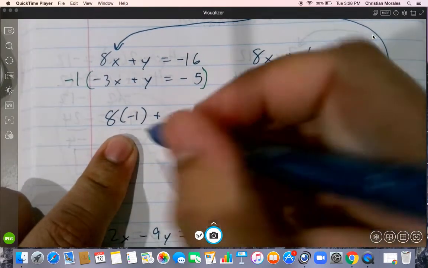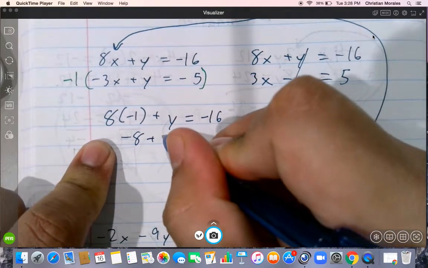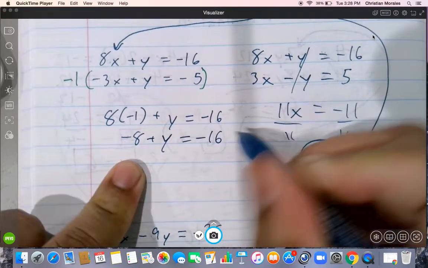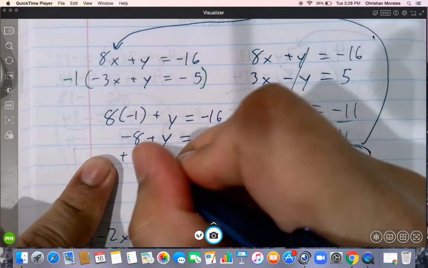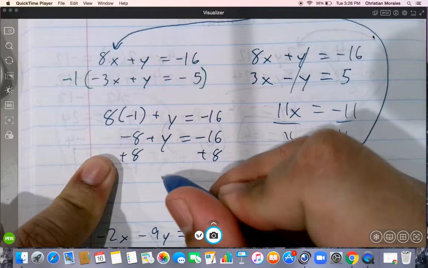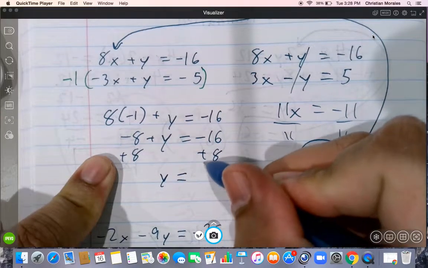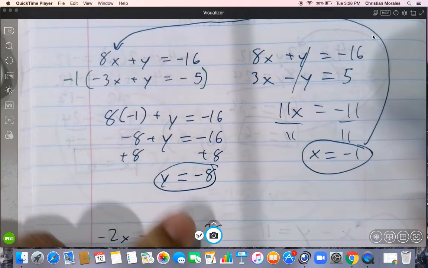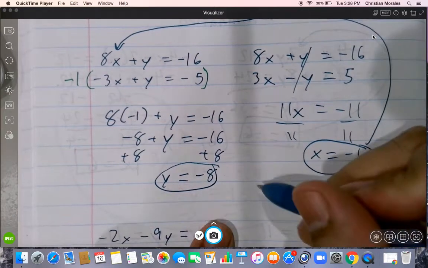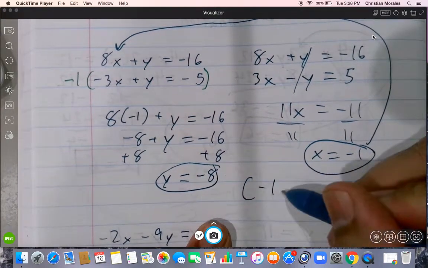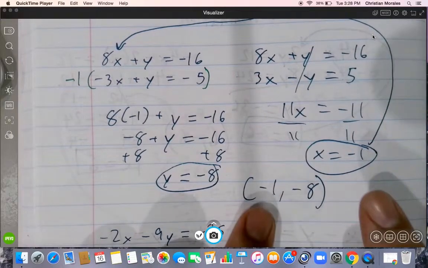So I get negative 8 plus y equals negative 16. Move that 8 using inverse operations, and I get negative 8. So again, your two answers, you write that as an ordered pair, negative 1, negative 8, and there's your answer.